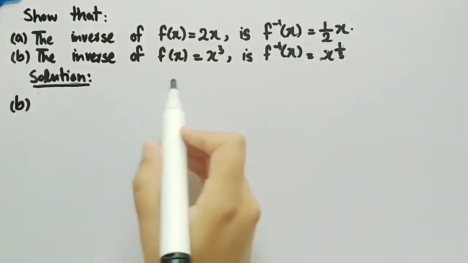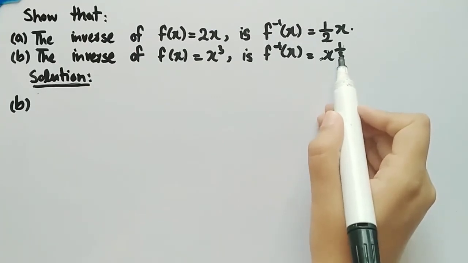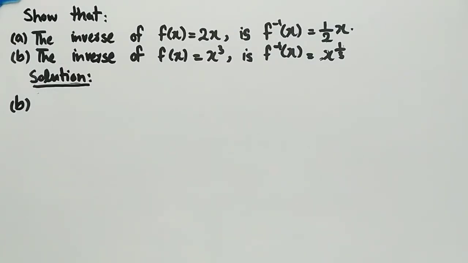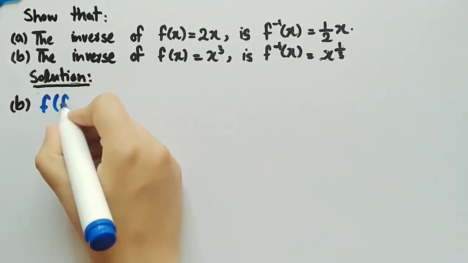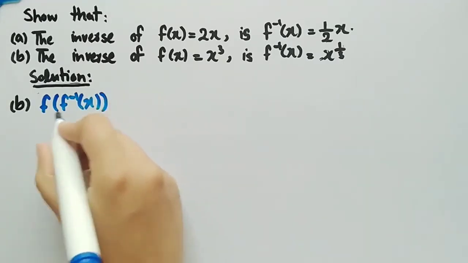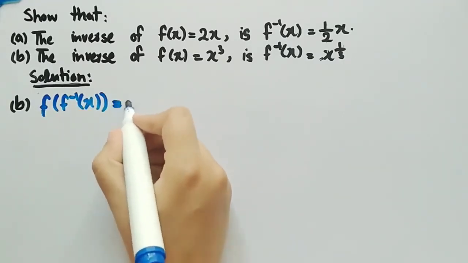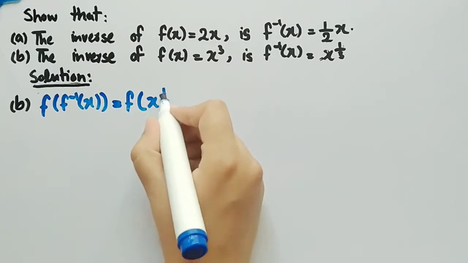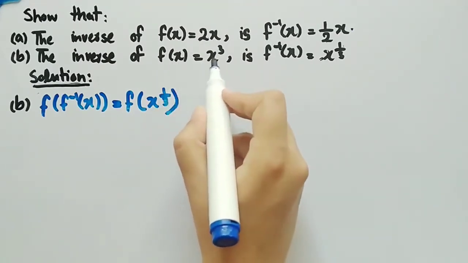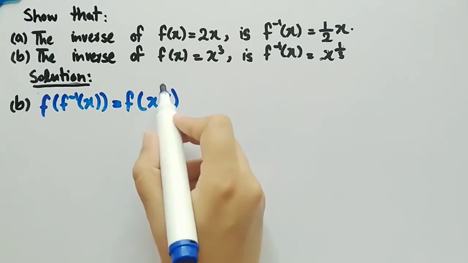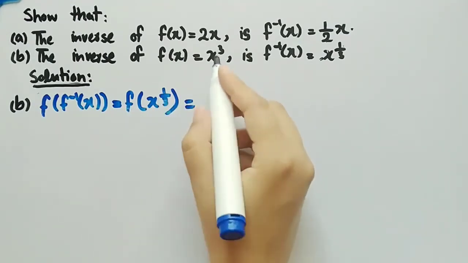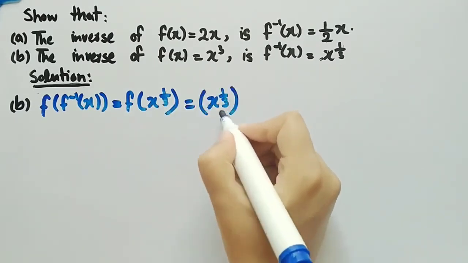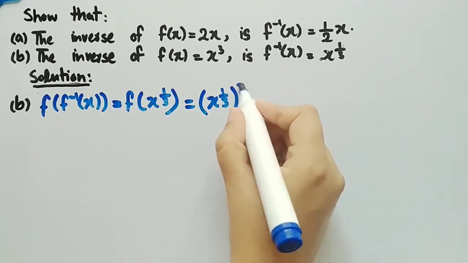Now consider part B. To show that x raised to power 1/3 is inverse of x cube, we will show that f of f inverse of x is equal to x. f of f inverse of x is equal to f of, replacing f inverse of x by its value, that is x raised to power 1/3. f of x is equal to x cube, so f of x raised to power 1/3 will be equal to, replacing x by x raised to power 1/3, we get x raised to power 1/3 whole power 3.